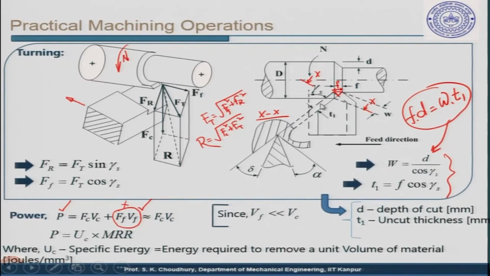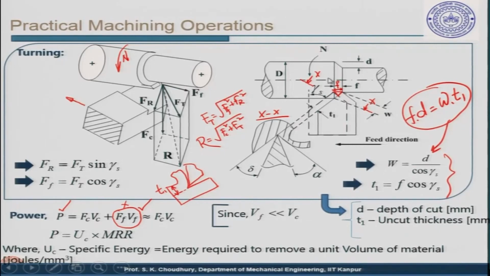T1, if you remember, we can get from this diagram also. I will give you this diagram additionally here. This is the same diagram as in here, and this is the T1. For orthogonal cutting, this is equal to D, the depth of cut, because it is orthogonal cutting, but not for all cutters, not for all processes.